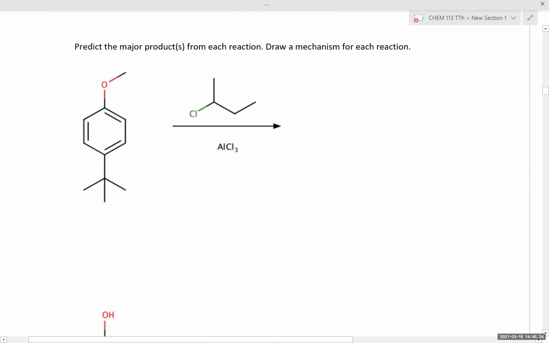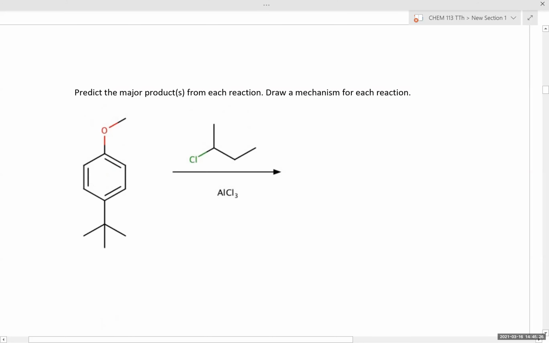In this case, we're asked to predict the product from the following reaction. Looking at our substituents, we have a pi donor, which is an ortho director, and we have a sigma donor, which is an ortho director, but a weaker one.